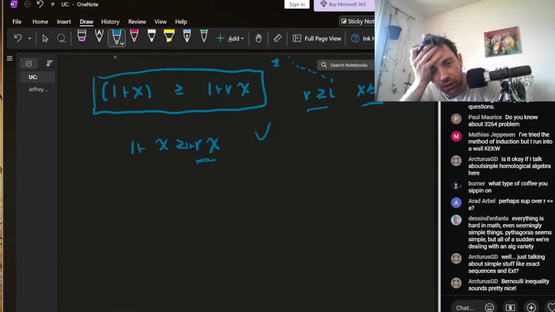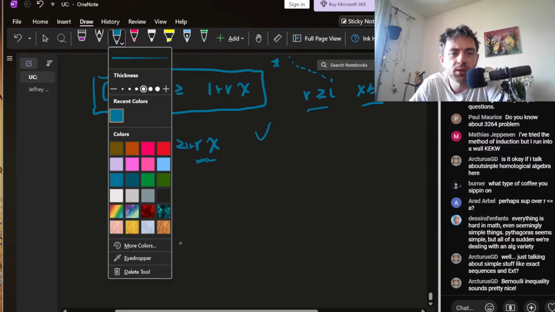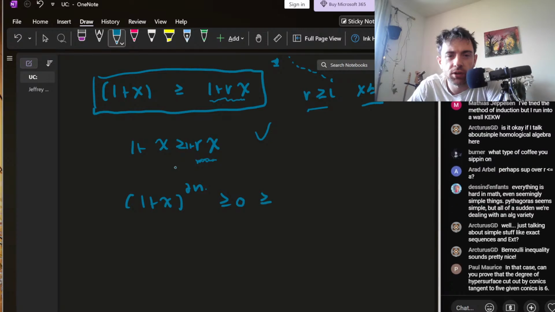Because it's not so clear that if we keep multiplying, well, certainly for the even powers, it'll be true, right? Because definitely any even power is going to be bigger than, but does it have to be bigger than 0? Yeah, it'll be bigger than 0, and this thing is less than or equal to 0.